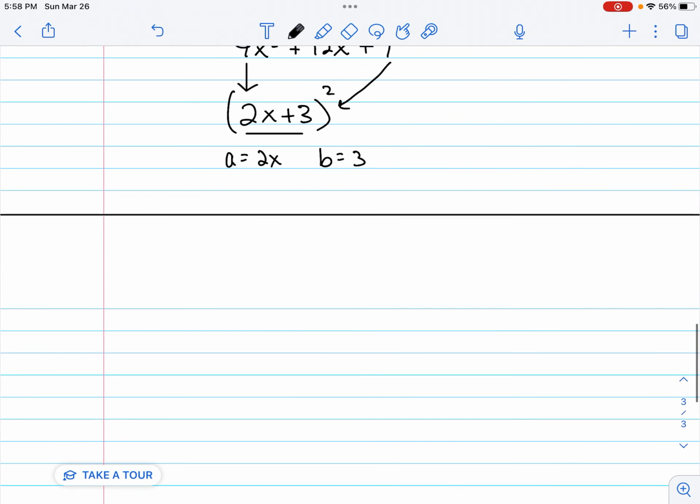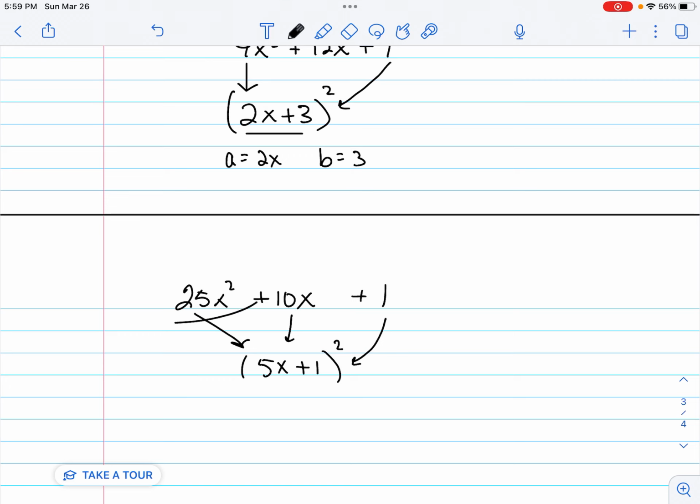So let's do another one. Let's say you have 25x squared, and let's say it ends with a 1, and so you would have a 10x in the middle. If you had that, then you could factor that into 5x plus 1 squared. The square root of 25 is 5, the square root of 1 is 1, and 5 times 1 is 5, and if you double that, you get 10.